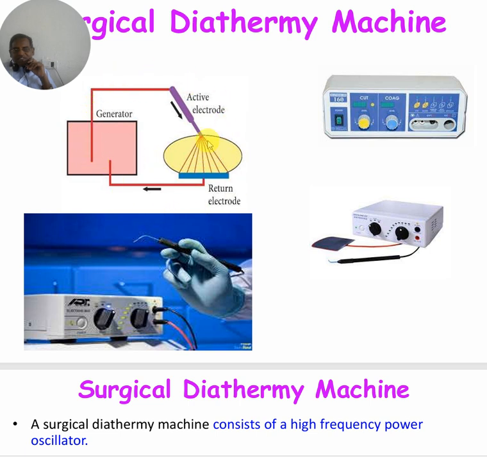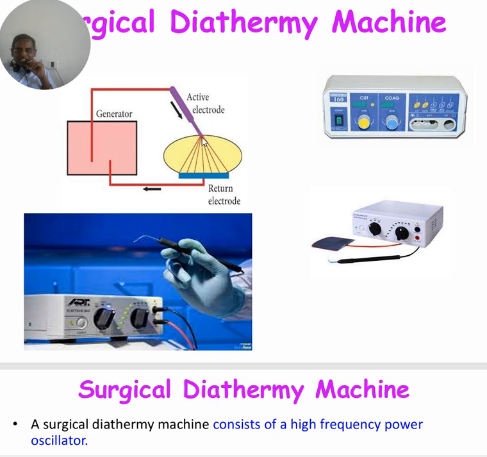When current is given to the active electrode, the tip of the active electrode gets heated because of the high frequency current. Due to this heat, it can easily cut the tissue if we are using the needle electrode. As the temperature increases, tissue fluid evaporates, so the tissue can be torn out without any pressure given.